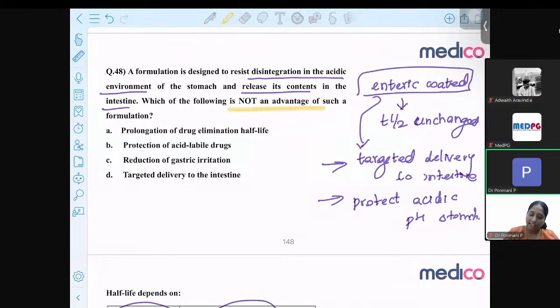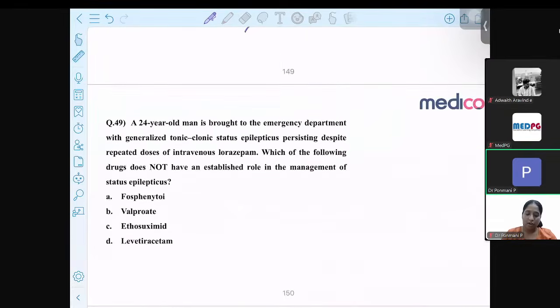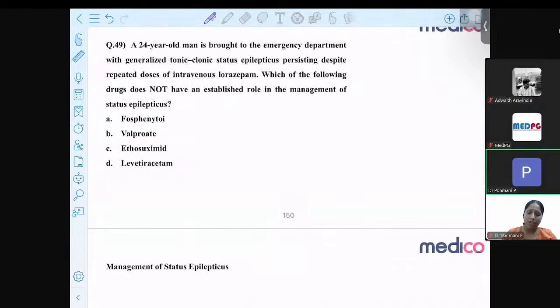Protection of acid-labile drugs, reduction of gastric irritation, and targeted delivery are all advantages. The only non-advantage quoted is prolongation of the drug's elimination half-life. This has nothing to do with an enteric-coated formulation. Now coming to the next question.